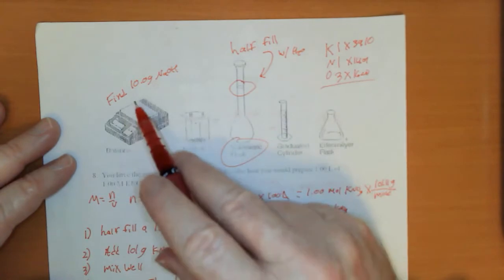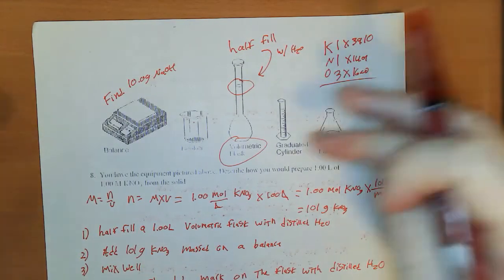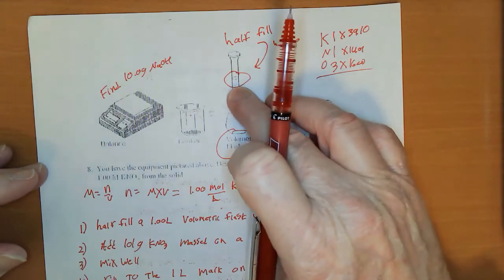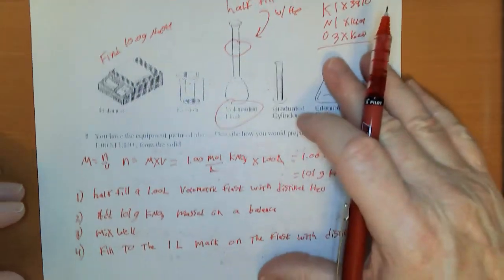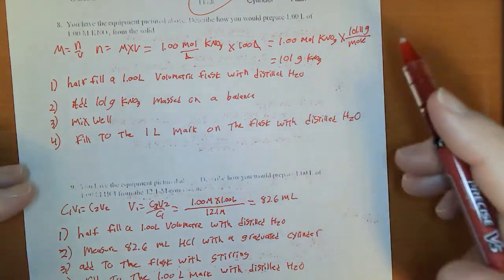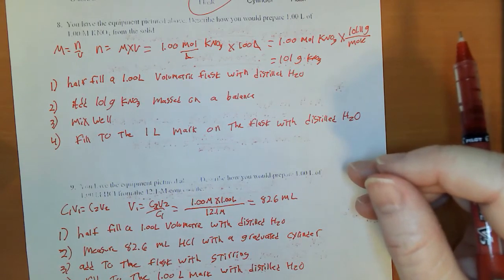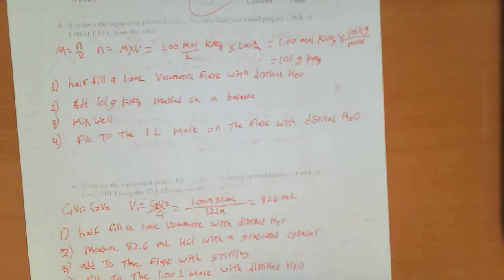Then you would add the NaOH in there, mix it up, continue to add water till you get to that line. I'm really not looking for your work to have to be perfect art down there. If you just drew a square as the balance, I'd be happy. Don't worry about it. Okay, so that's molarity number 1.